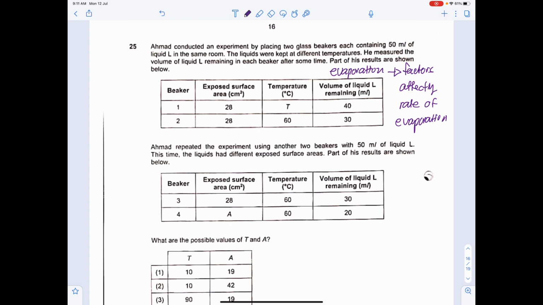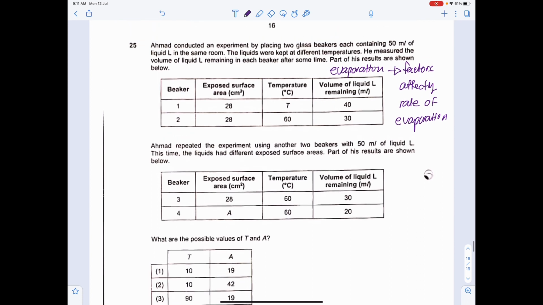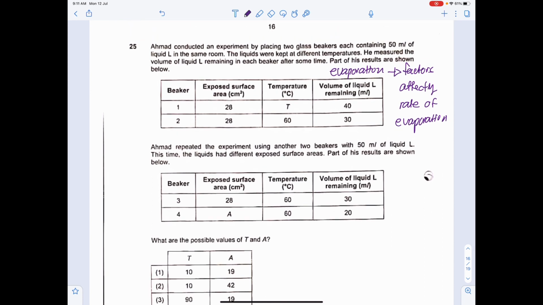Okay, so one of it is actually exposed surface area. So the larger it is, okay, the faster the rate of evaporation, right? Another one will be temperature.